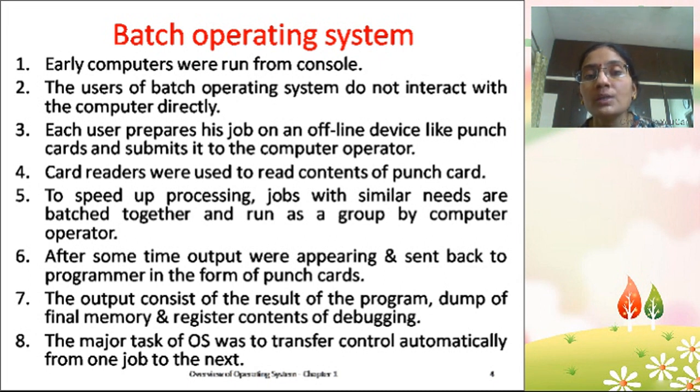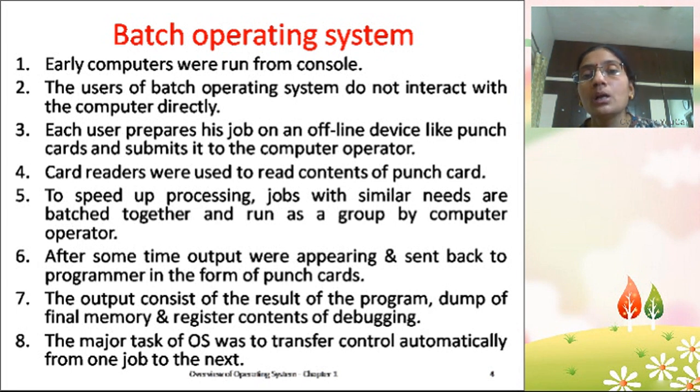So this installation and uninstallation of the resources is time consuming, and during that period the CPU will sit idle. In this way it is also called a sequential OS. So in this sequential OS the CPU idle time is very high.